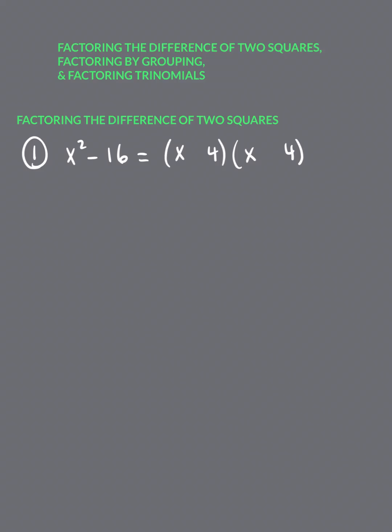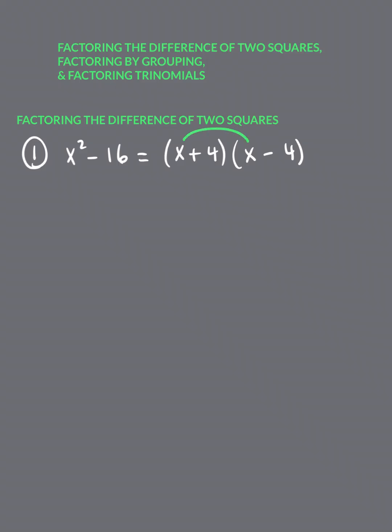So we're going to have a plus and a minus in these parentheses because then the middle terms will cancel out. The wonderful thing about factoring is that you can always multiply it back out to check your work. So we're going to do that to show that this is indeed factored correctly and to help make sense of why we factor it this way.